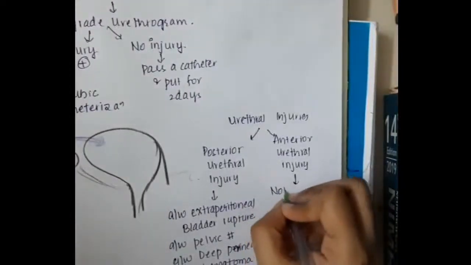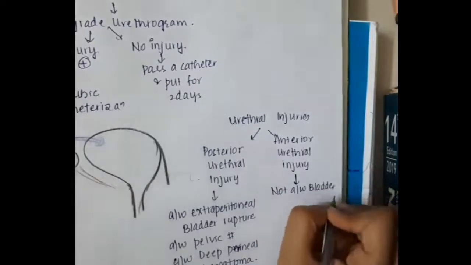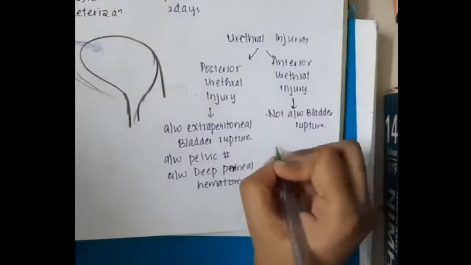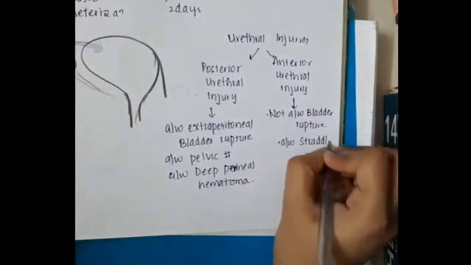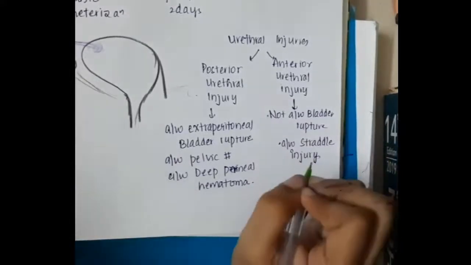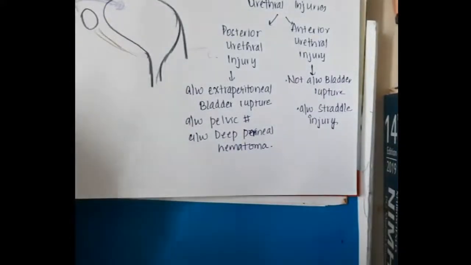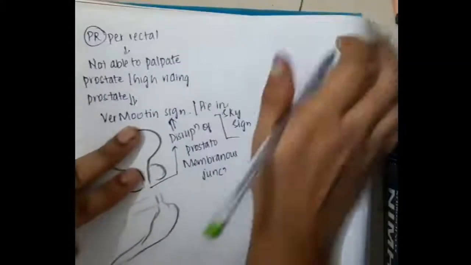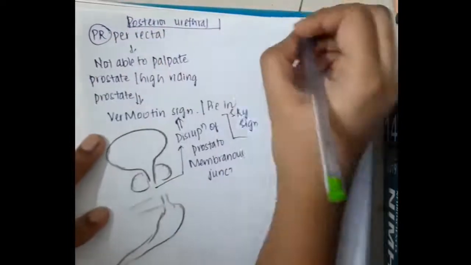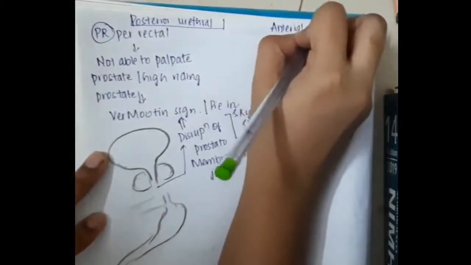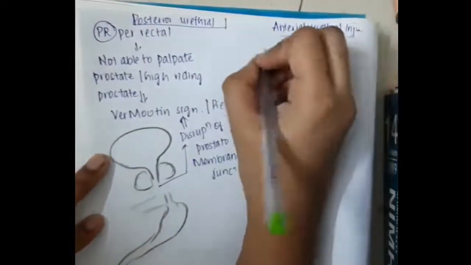After this, anterior urethral injuries are not associated with bladder rupture, they are only associated with straddle injury. One important thing in anterior urethral injury is the presence of superficial perineal hematoma.